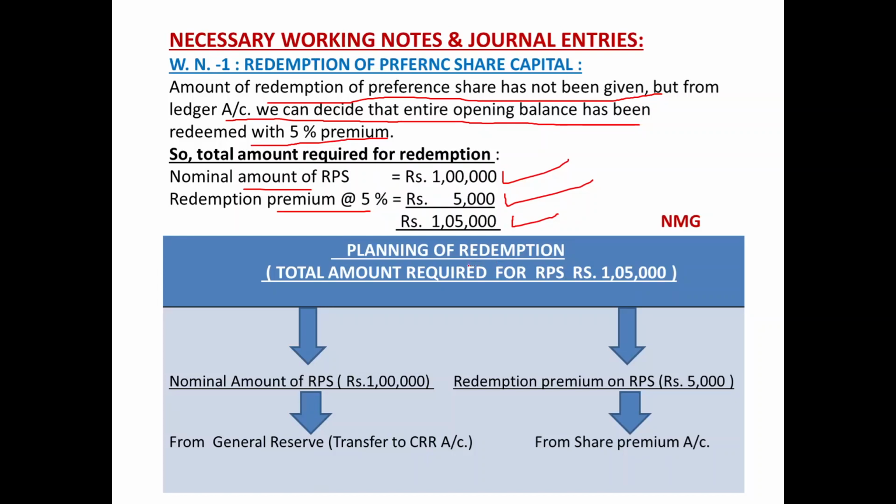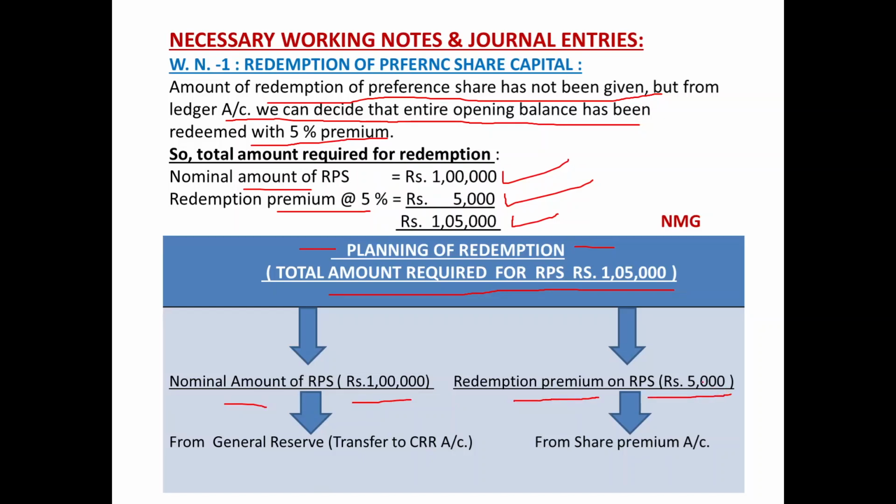Now let us implement the provisions of the Companies Act by preparing a chart. Planning of redemption. As per our last calculation, total amount required for RPS rupees 1 lakh 5,000. Having two components, nominal amount of RPS 1 lakh and then redemption premium on RPS rupees 5,000.